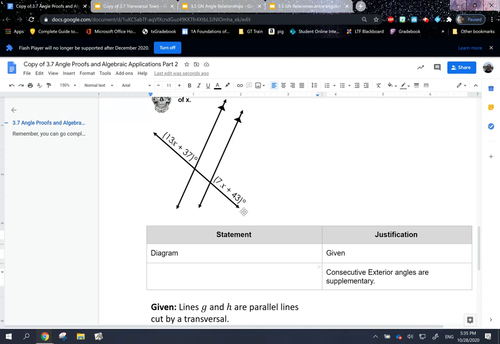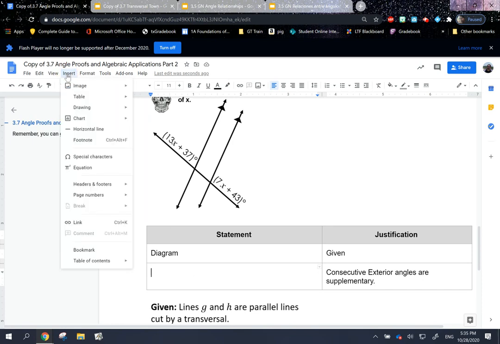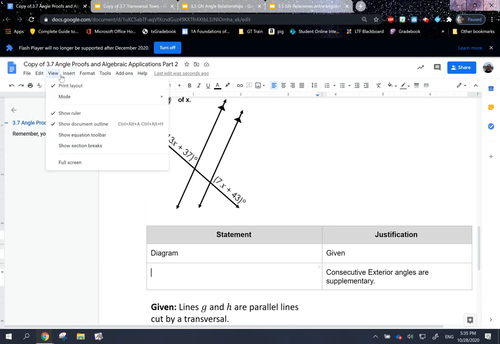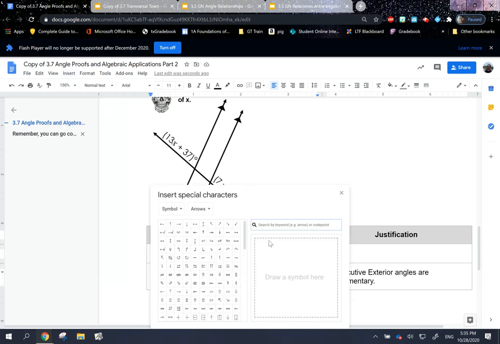So if I have, for example, angle A, and I'm just going to insert this so you guys can see what I'm talking about. I'm going to insert an angle symbol.